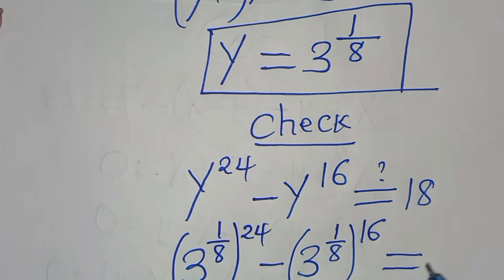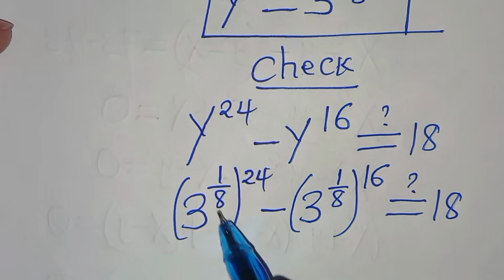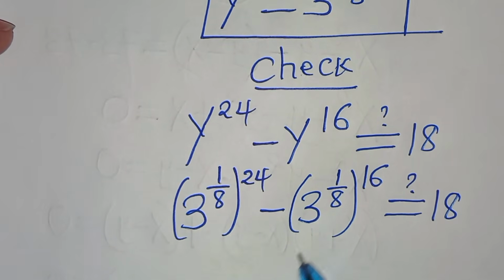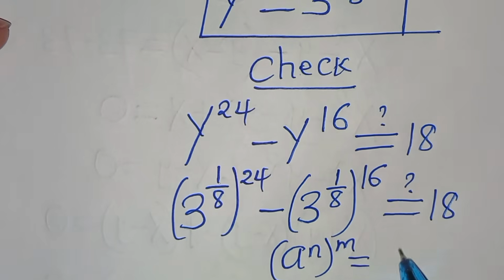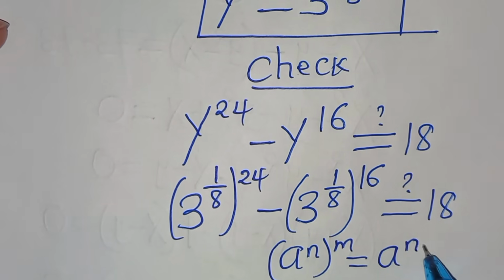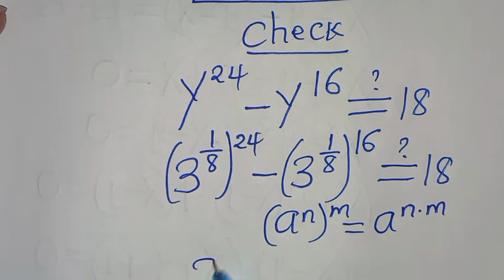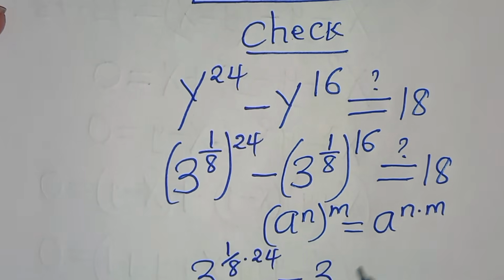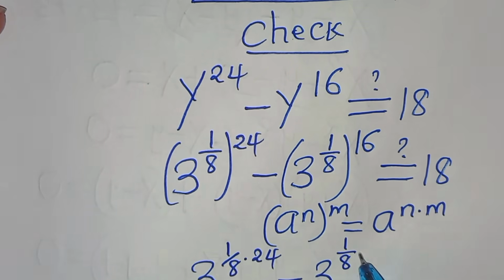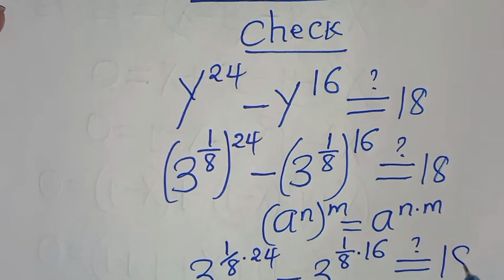This is supposed to give us a value of 18. Let's simplify here. This is in the form of a to the power of n raised to the power of m, which we can express as a to the power of n multiplied by m. So we have 3 raised to the power of 1 over 8 times 24, subtract 3 to the power of 1 over 8 multiplied by 16. This should give us a value of 18.